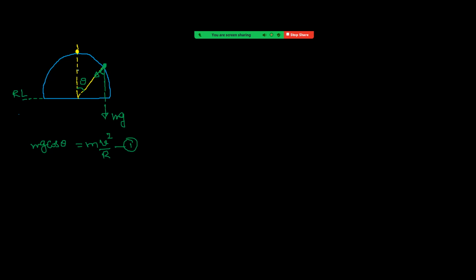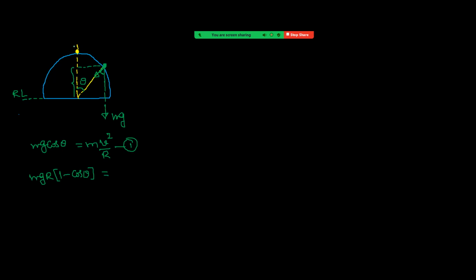Now the present height is r cos theta. It has come down by a distance r minus r cos theta. This gives us the loss in gravitational potential energy. This loss converts into gain in kinetic energy.